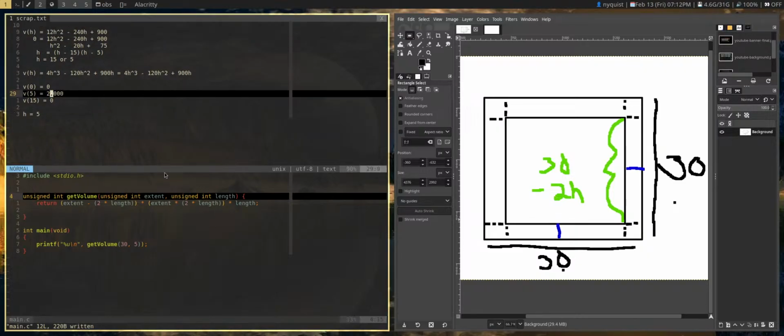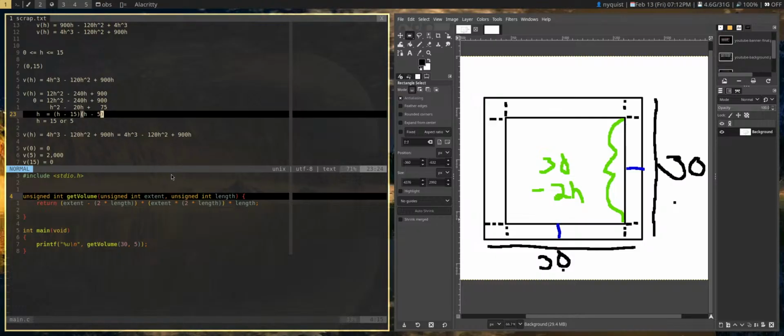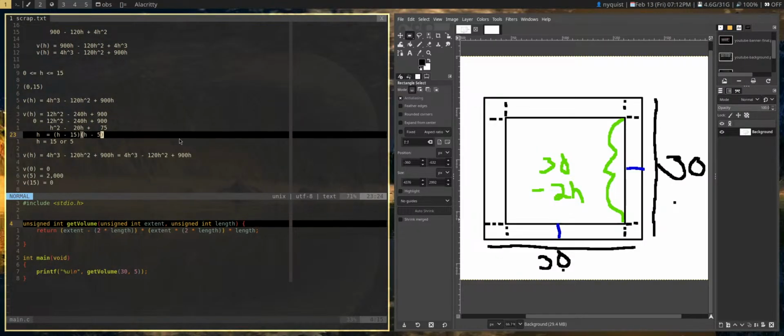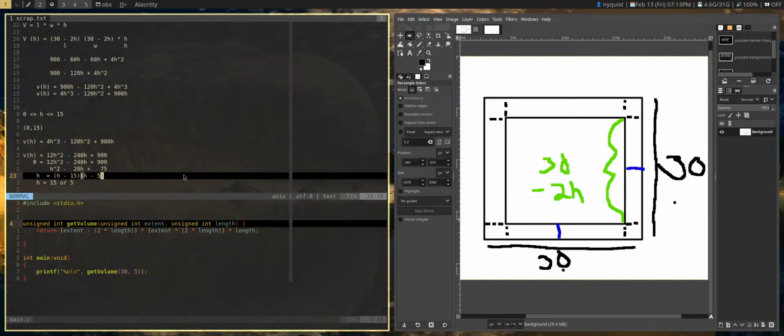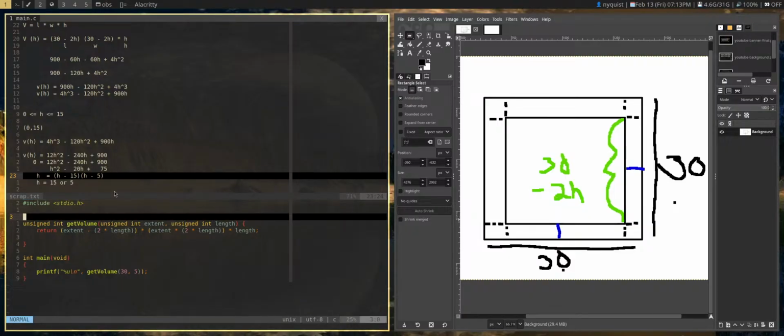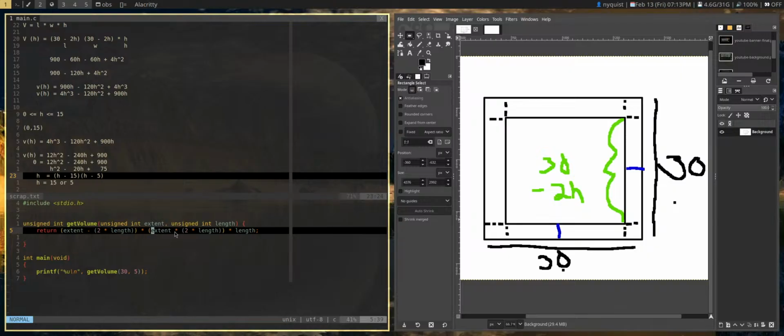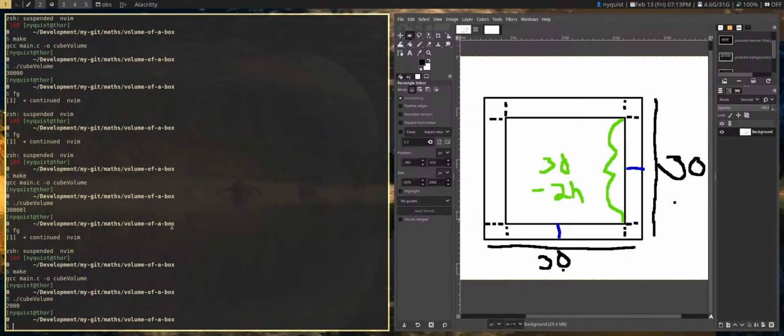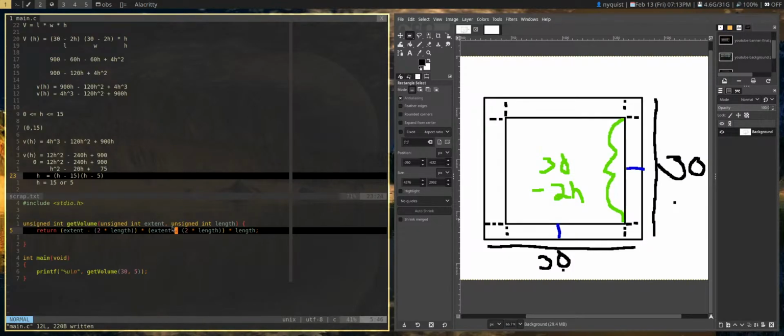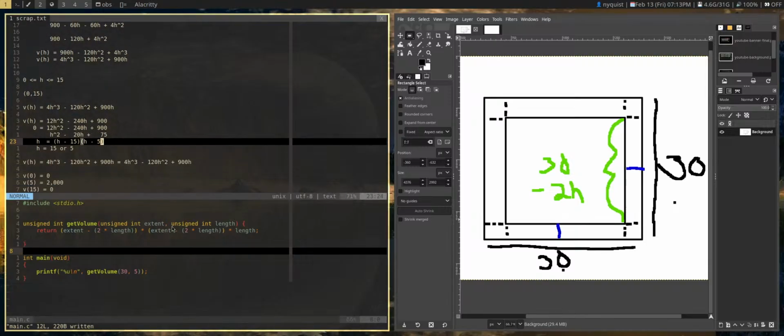Because the volume at 5 should be h times. Oh, am I multiplying here and not dividing? Is that the issue? Probably. 2,000. There we go. Wow, that's way easier than I thought.